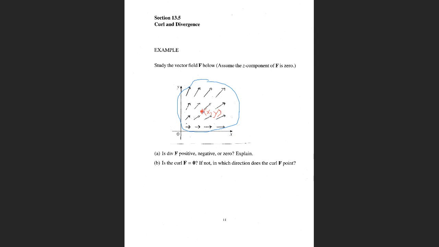In other words, if this were a fluid, like a river or a stream, does the fluid seem to be running faster or slower? Does the current seem to be increasing or decreasing as you move outward from the point? Faster. Good. That means the divergence is positive.